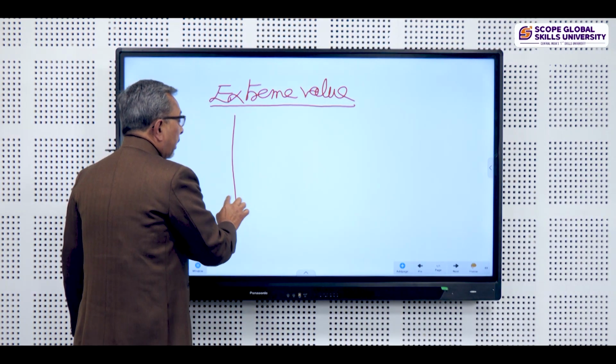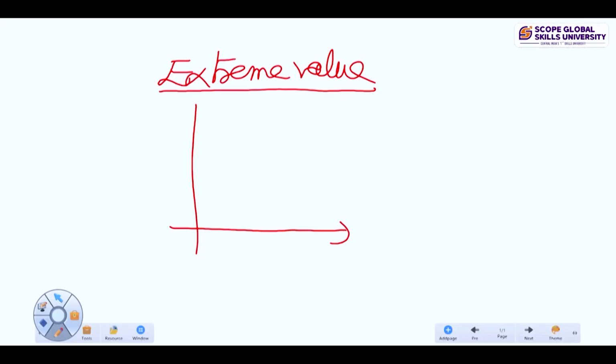Like that, let us consider in the xy plane any function y is equal to f(x) and its representation in the interval x1 and x2 is like this.